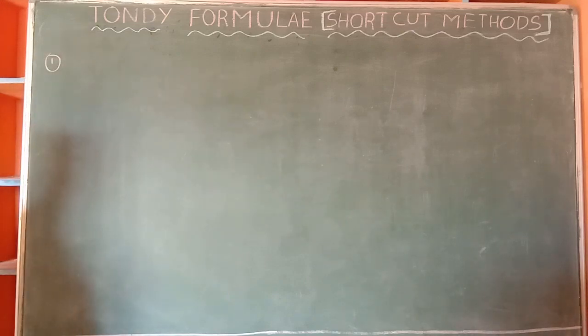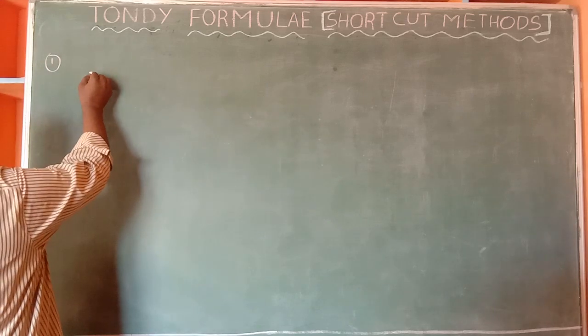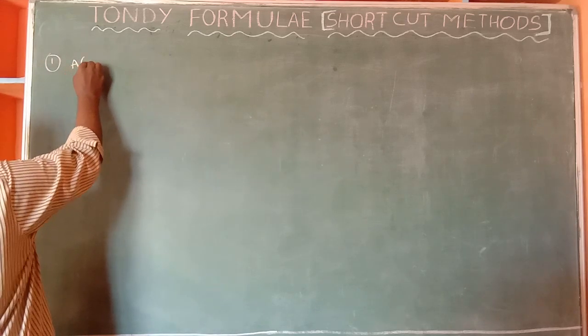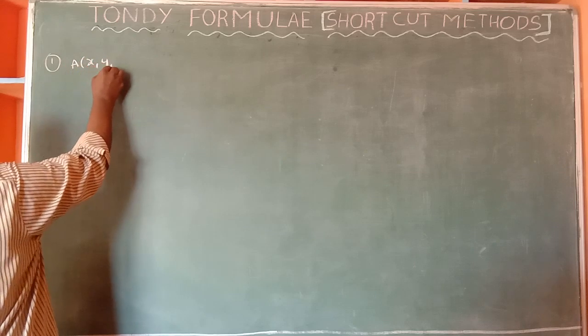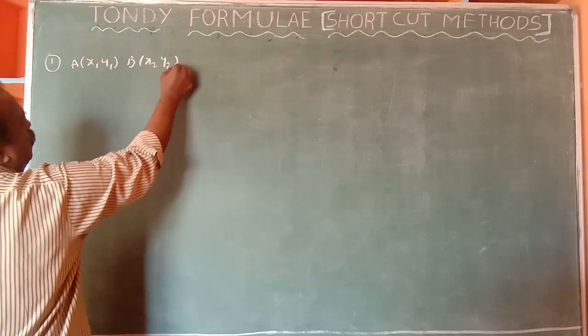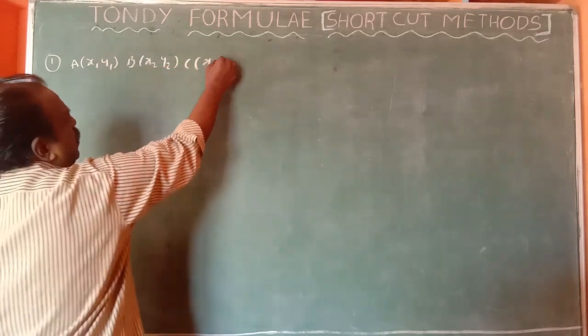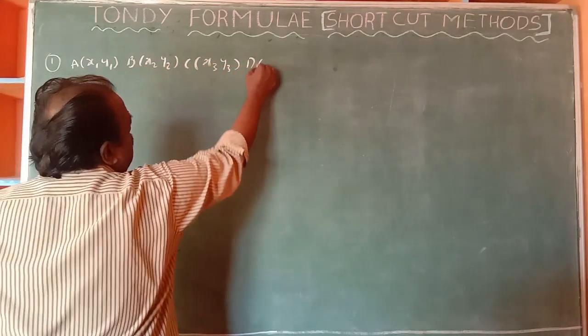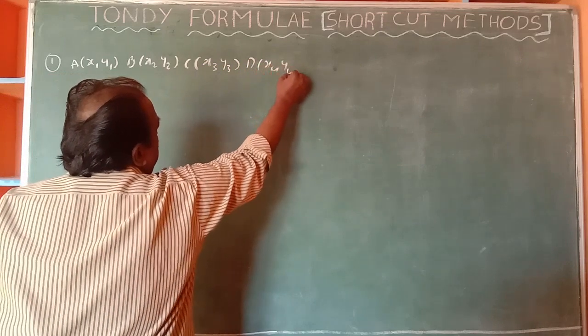See, number one, it is two-dimensional geometry. Suppose we are given A (x1, y1), B (x2, y2), C (x3, y3), D (x4, y4).